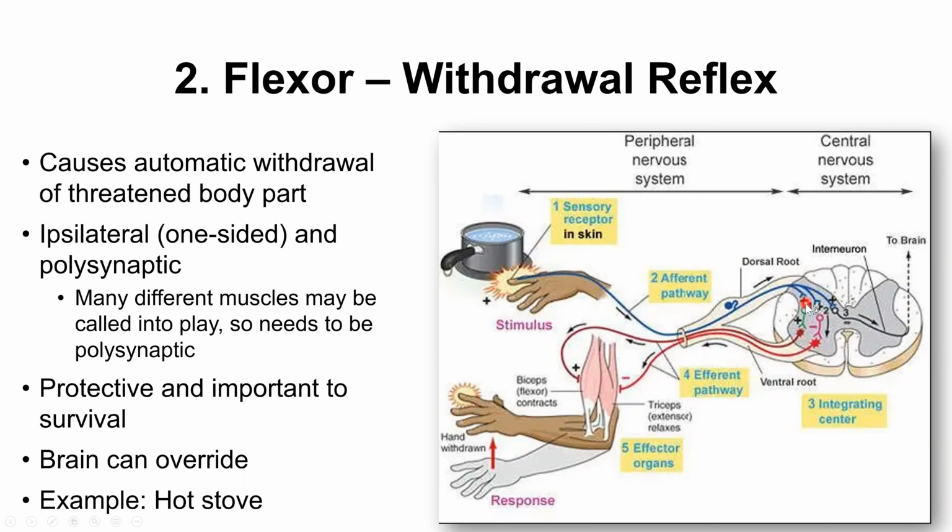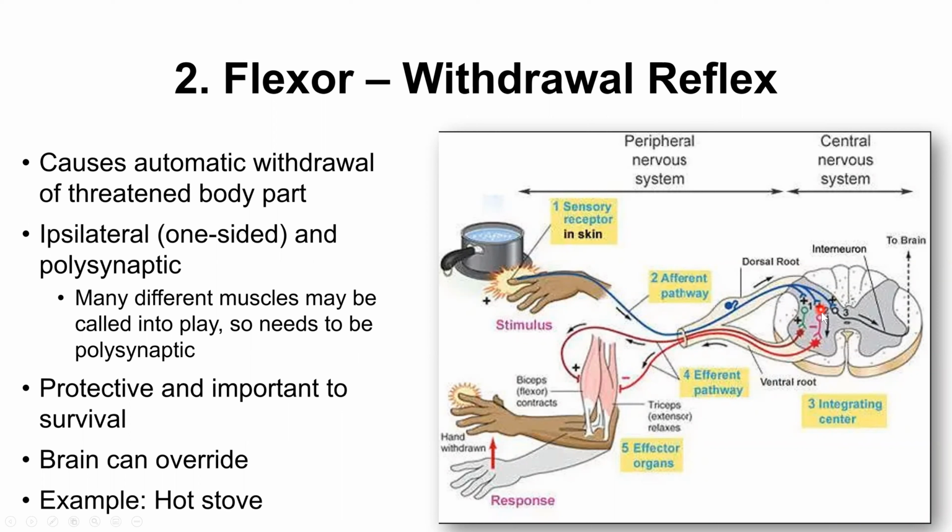So one synapse, so number one here, is going to be a stimulatory synapse. That's why there's plus signs. Okay, so it's going to synapse on this green interneuron, which stimulates this first motor neuron here, this darker red one, to send a positive signal out to the biceps muscle. And contraction of the biceps muscle is going to decrease the angle of the elbow, so it's going to cause your arm to move up towards your body and off of the hot stove.